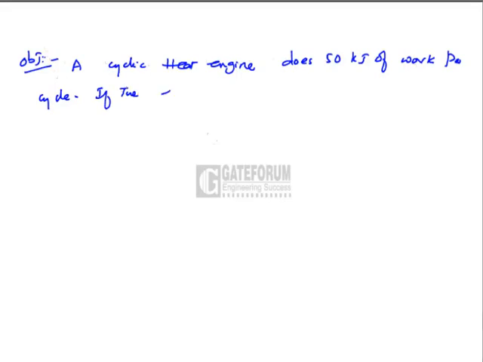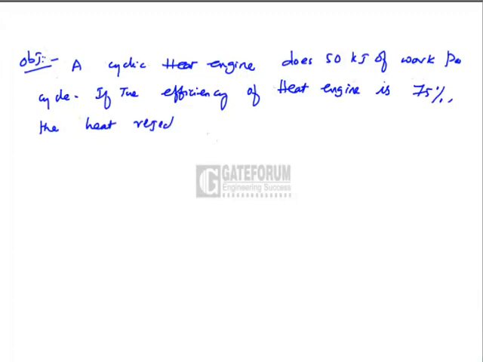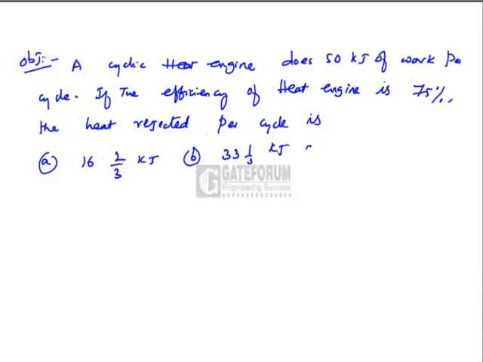If the efficiency of the heat engine is 75%, the heat rejected per cycle is A. 16 2 by 3 kilojoules, B. 33 1 by 3 kilojoules, C. 37.5 kilojoules, D. 66 2 by 3 kilojoules.